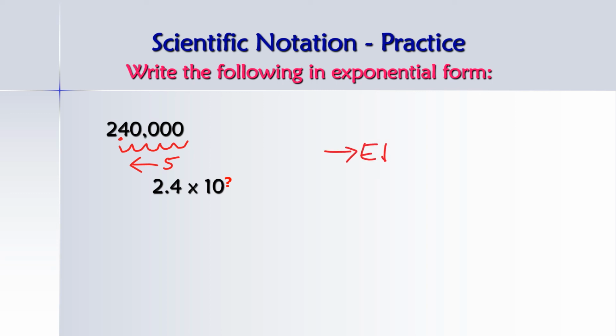Remember our rule, if it's going towards the right, the exponent is going to decrease from 0. So that would be negative. And if it's moving towards the left, the exponent is going to increase. So that would be a positive number. So now we know our answer will be 2.4 times 10 to the power of positive 5.